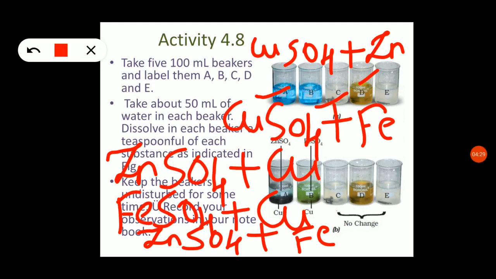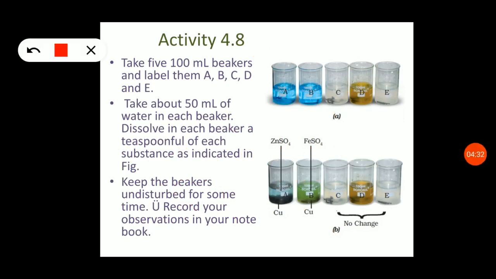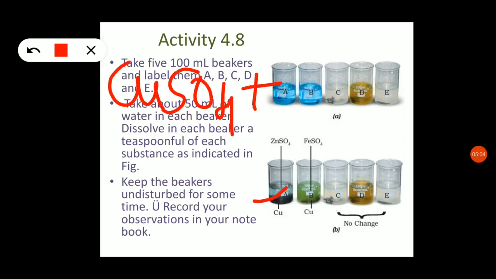So what you observe? In the beaker A, you can observe the blue color of the copper sulfate will disappear. Here you can see the color has changed. So blue color will disappear and a red mass of copper is deposited at the bottom of the beaker. So the reaction will be copper sulfate plus zinc.